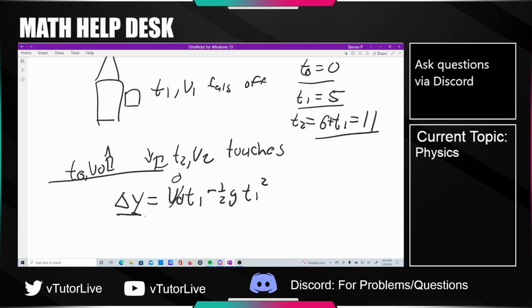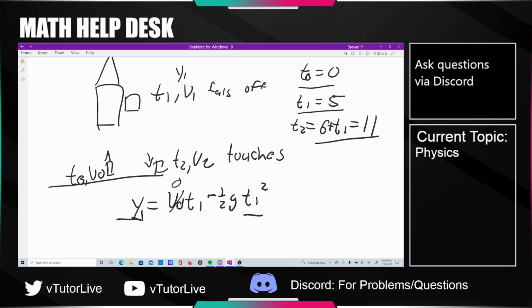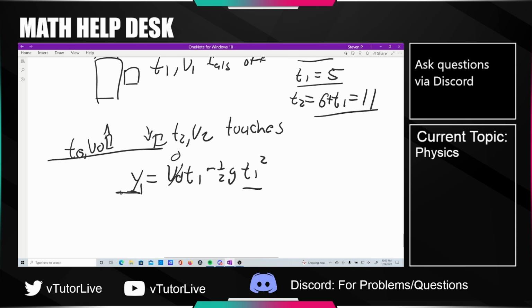So this relates delta y, which maybe let's call y1, the height it achieves when it falls off. And keep in mind that it's still going to be going upwards for a little while, right? But okay, that's one equation and two unknowns. Maybe we can set this up a little bit more.